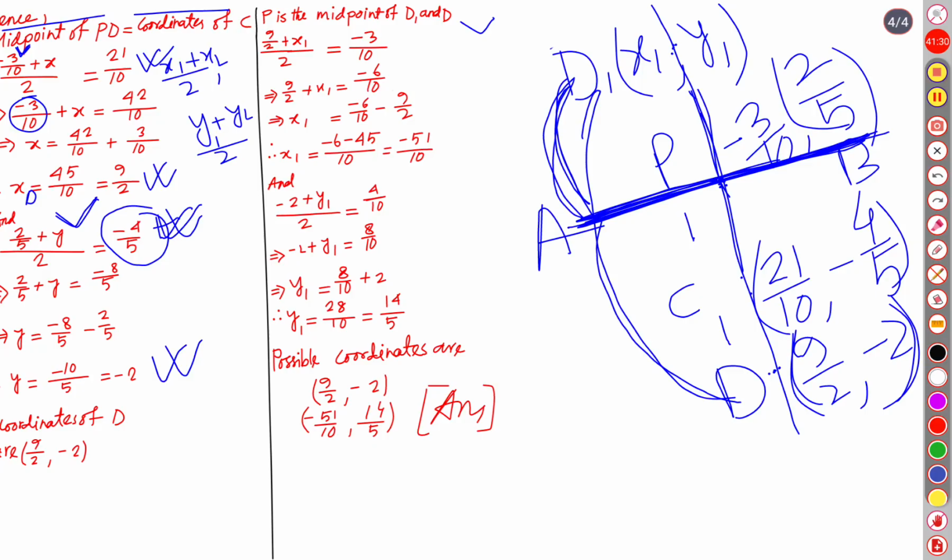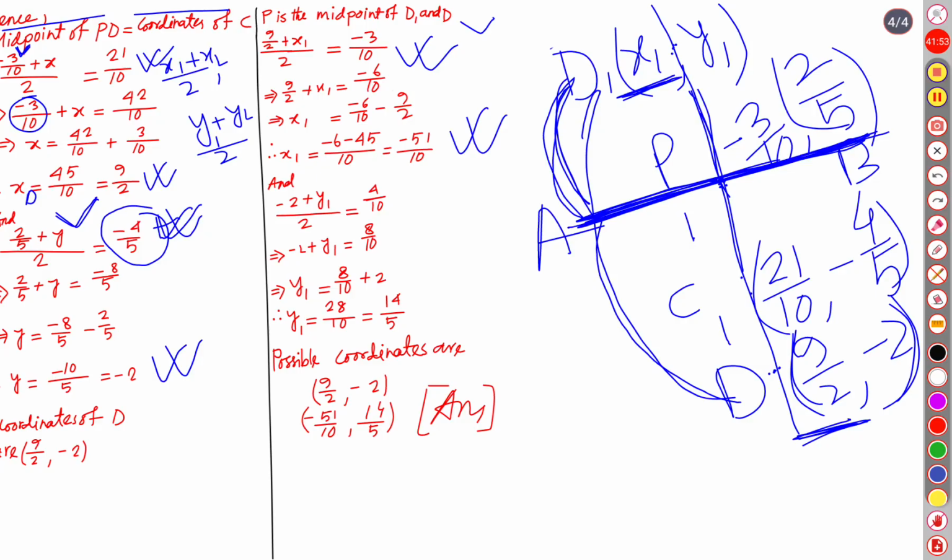So how to find the midpoint? Very simple. The x coordinate of the midpoint is negative 3 over 10, and the x coordinate of D1 is x1. So we have written 9 over 2 plus x1, over 2, equal to negative 3 over 10. After simplifying, we got that x1 is equal to negative 51 over 10.